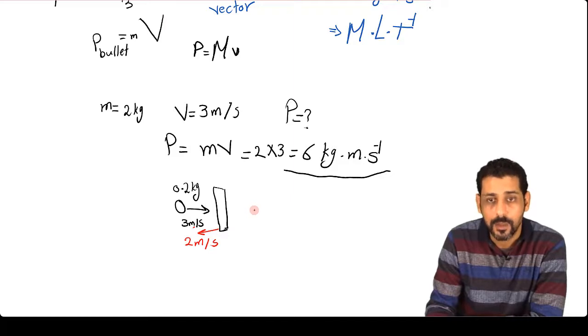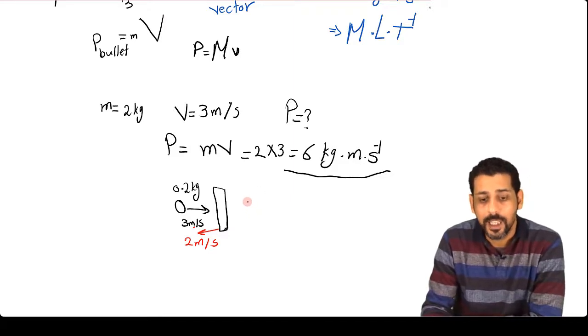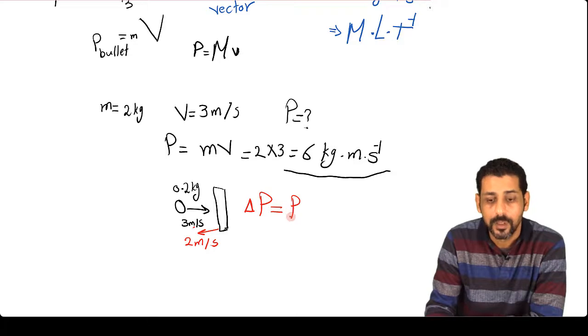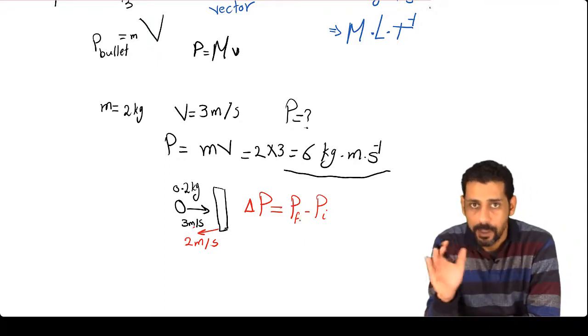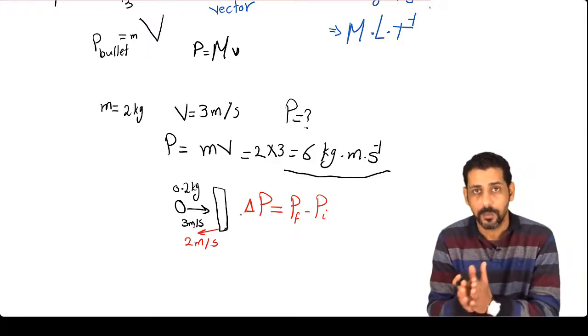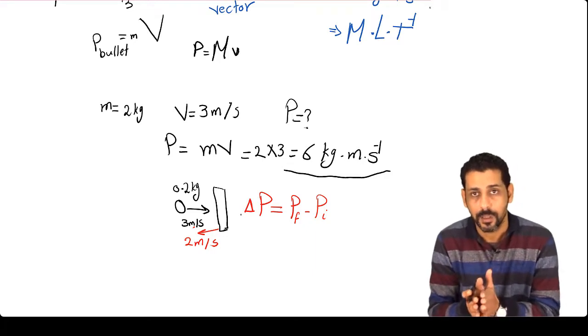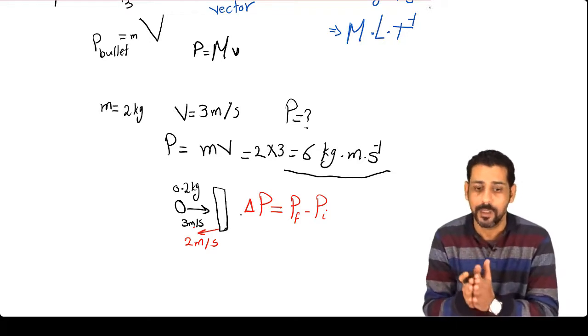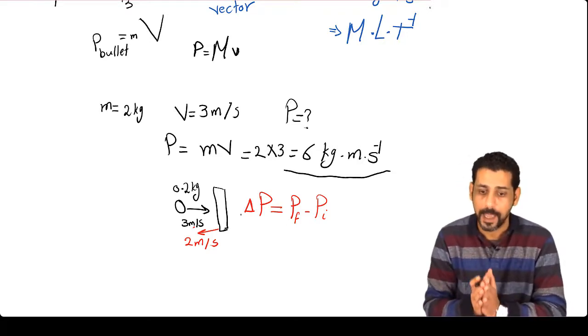And he asks, can you figure out the change in momentum? A change in anything is the final value minus the initial value. Again, the triangle in physics means a change, so the change in momentum is the momentum after minus the momentum before, or the final momentum minus the initial momentum.